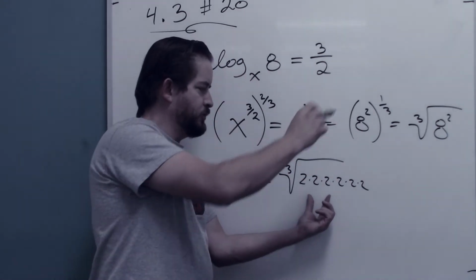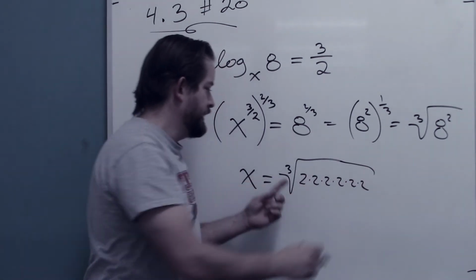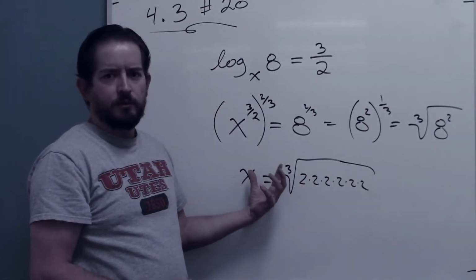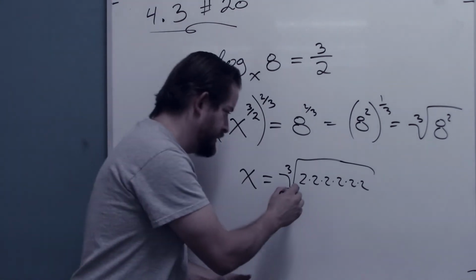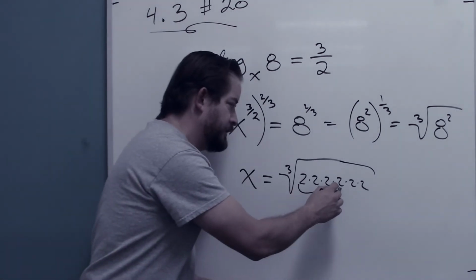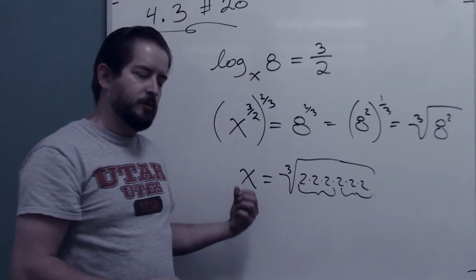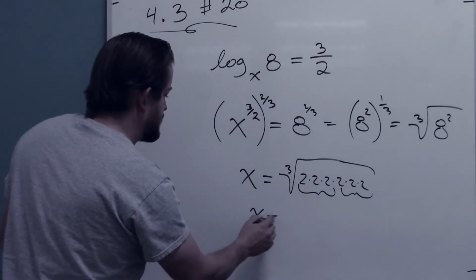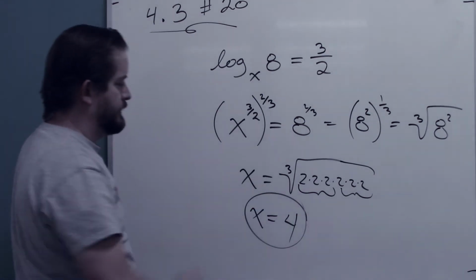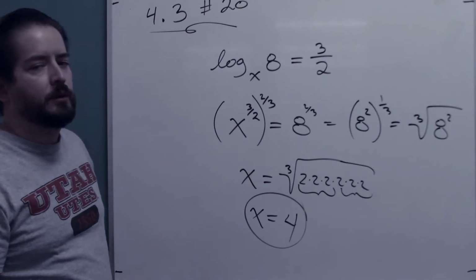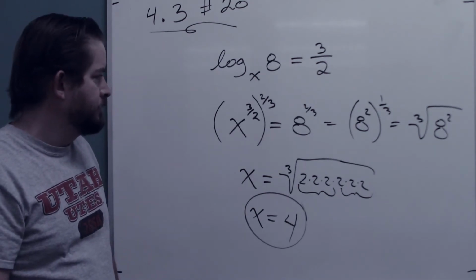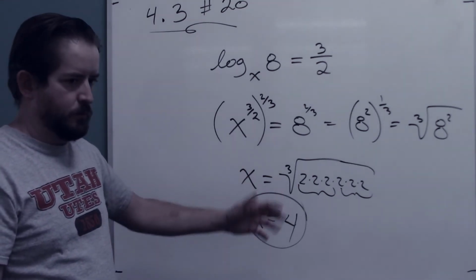There's an 8, it's squared, there's my other 8. I need 3 factors to pull out, so there's a factor group of 3, there's another factor group of 3, I can pull those out, and I have x is 4. Right? So we're playing with the exponents a little bit. But we did it.